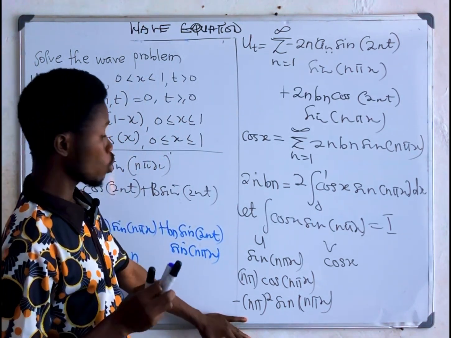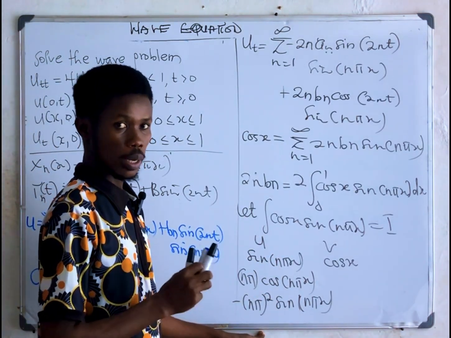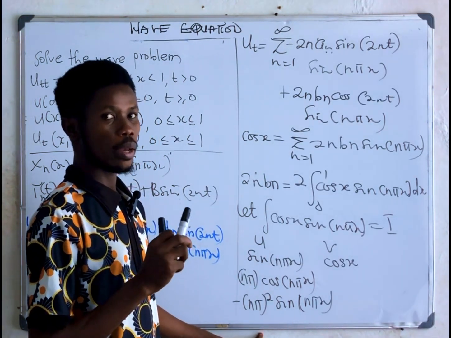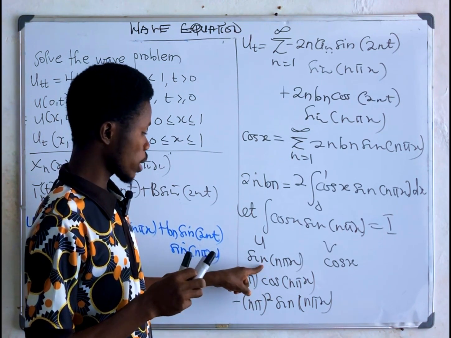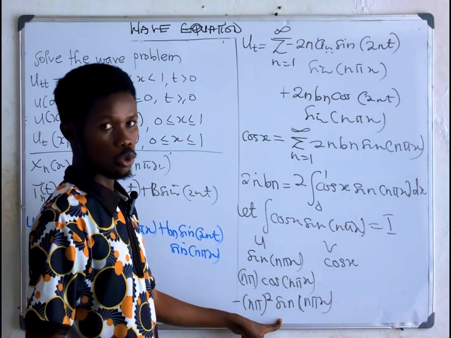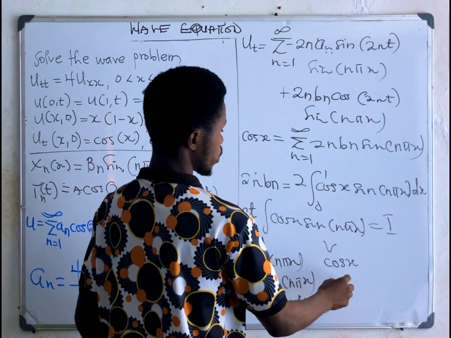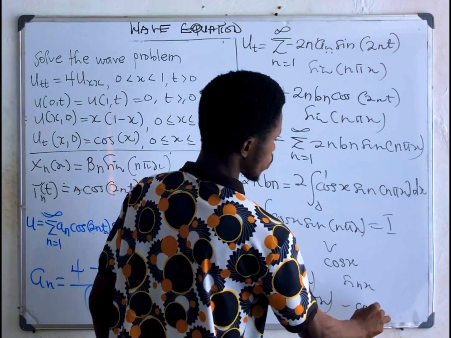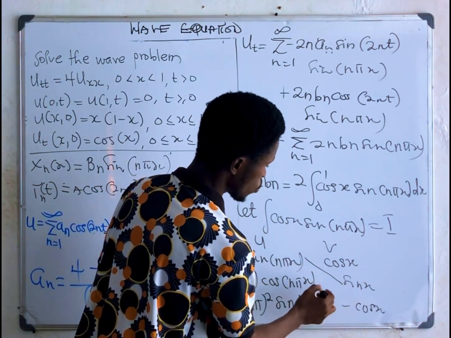Now let me explain this to you. Somebody may ask, at which point will you pause? Because you see, this one will never terminate. We have done something like this in our previous videos when we were looking at neither even nor odd. The point where you pause is, you see, this started with a sine. So when you differentiate and you get to where the sine is, you stop. The same thing applies here. This is cos x. If you integrate cos x, you get sine x. If you integrate sine x, you get negative cos x. So cos x. You see that? So now this one goes this way.